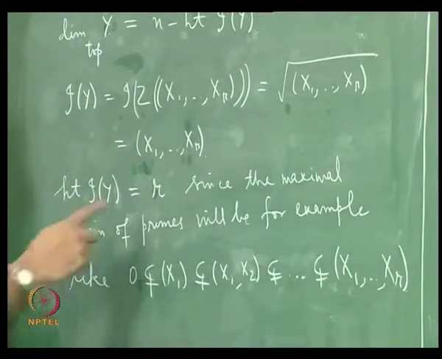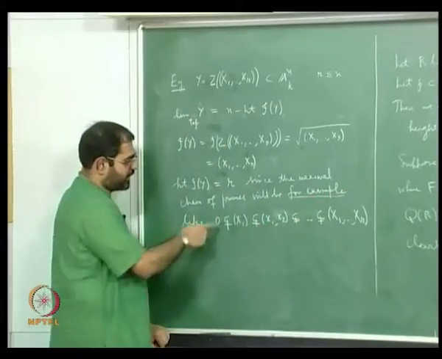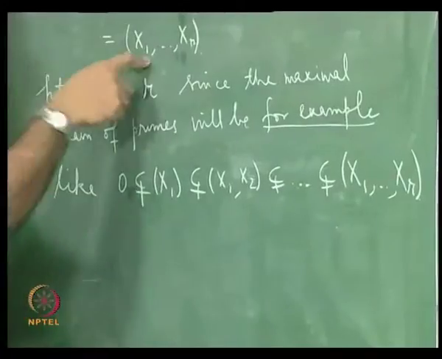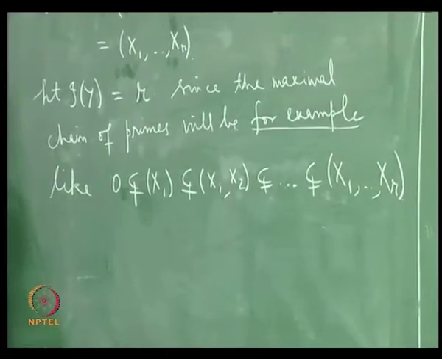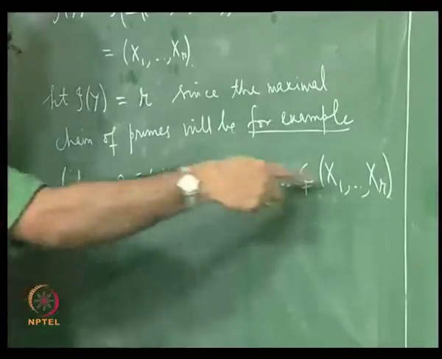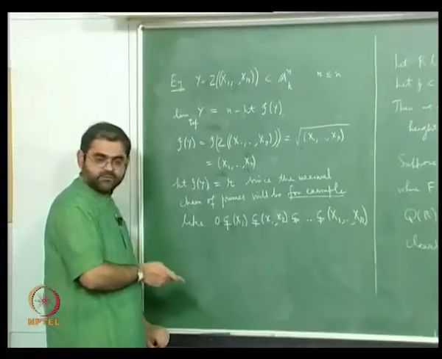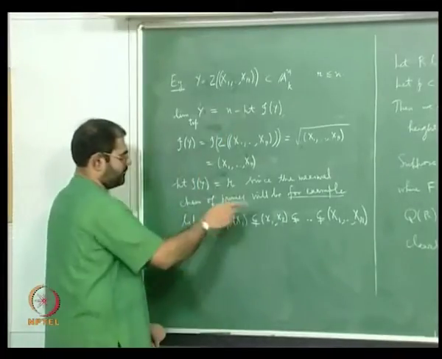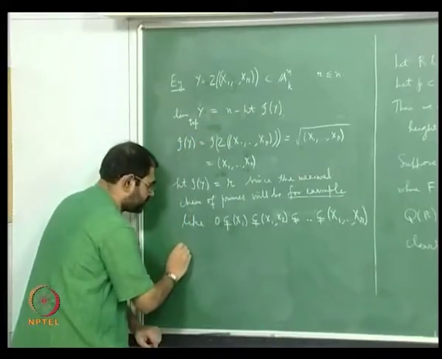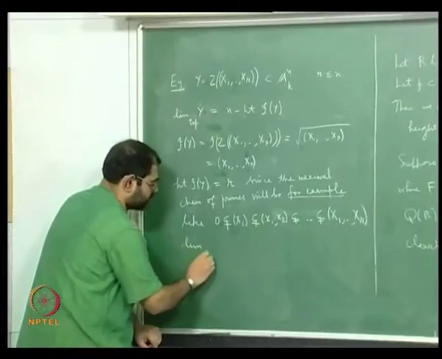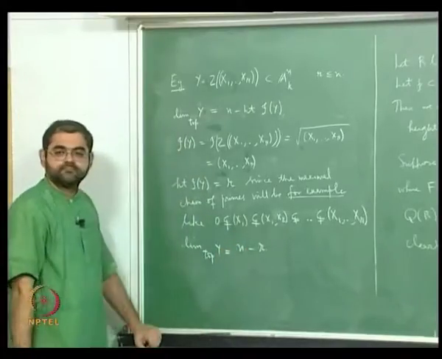I say "for example" because one has to prove it. The fact that you have a chain like this tells you that the height of this ideal is at least r, because height is a supremum. That you cannot get a chain of bigger length is a fact that needs to be proved. But if you believe that, then the height of I_Y is r, and you will get that the topological dimension of Y is equal to n minus r.